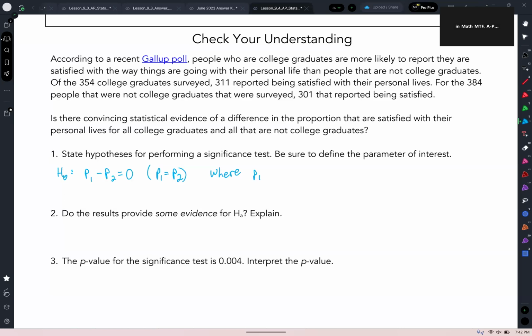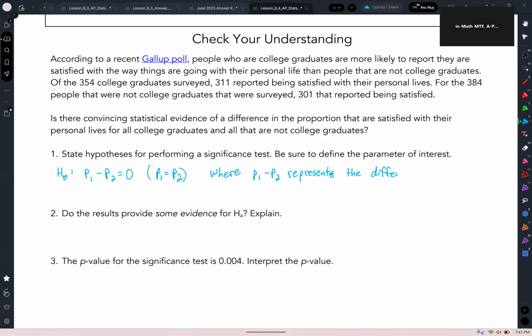where P1 minus P2 represents the true difference, or the difference in the true proportions, I should say.